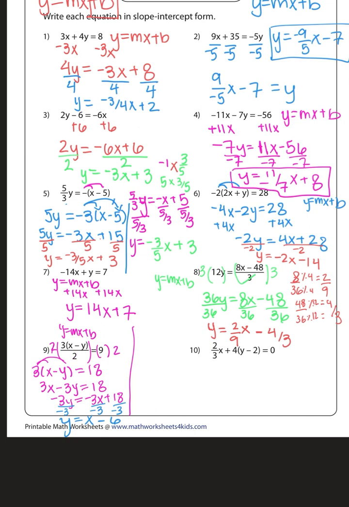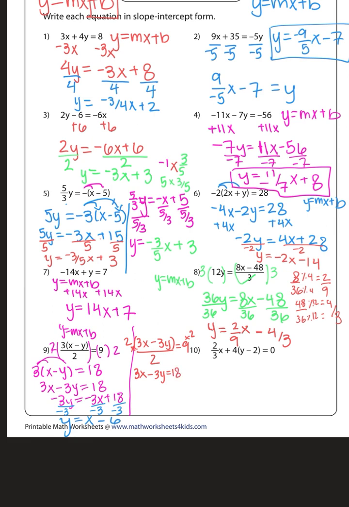There's also another way you can solve this problem by distributing first. So if we distribute first, we get 3x minus 3y over 2 is equal to 9. Then we must multiply by 2. So we get 3x times 2 minus 3y is equal to 18.